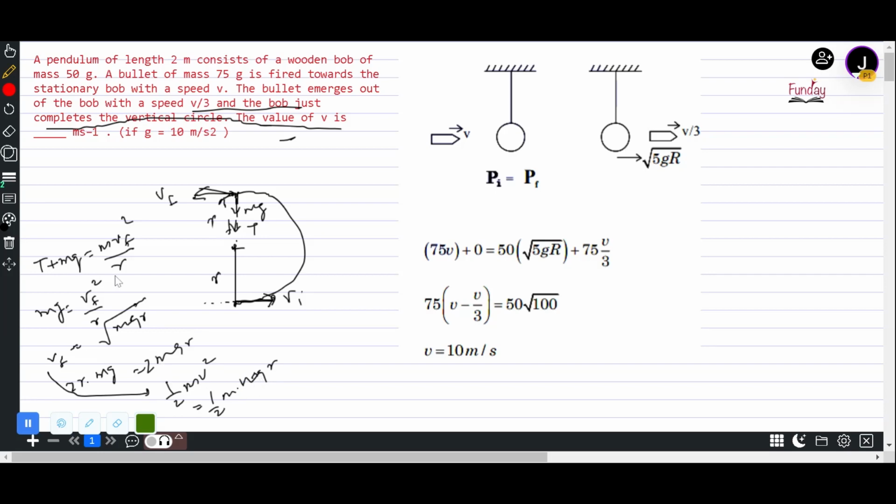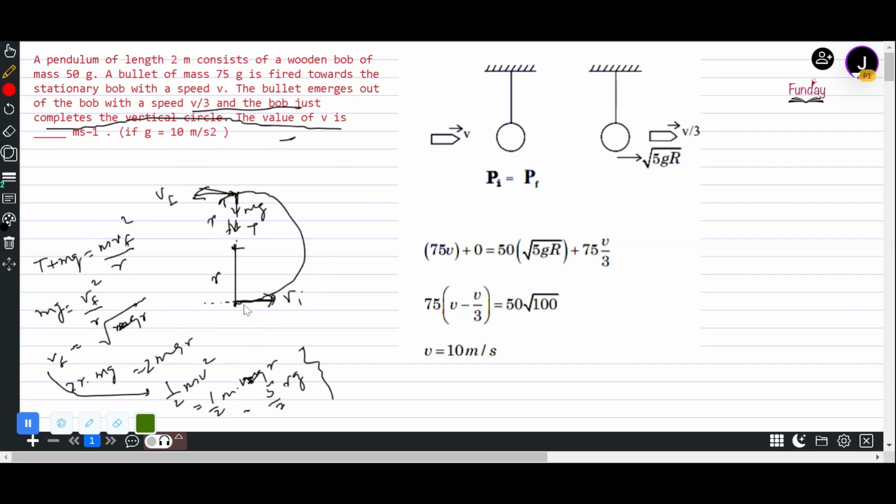Something happened, I forgot to remove the m. So only gr. Half into m into gr. Right? That is 5 over 2 rg. So that is the minimum speed it should have to remain in the circular motion.